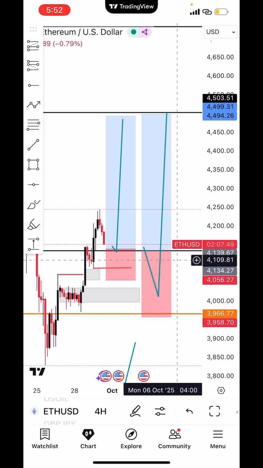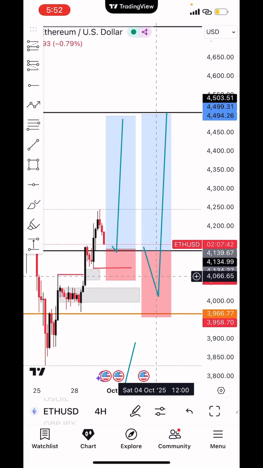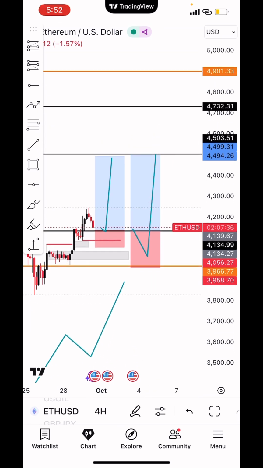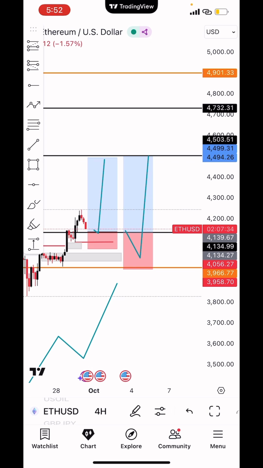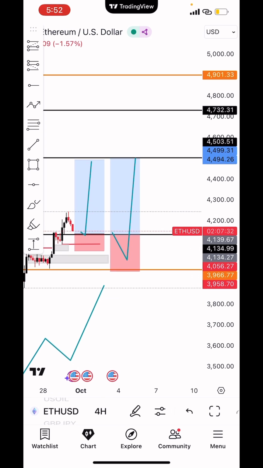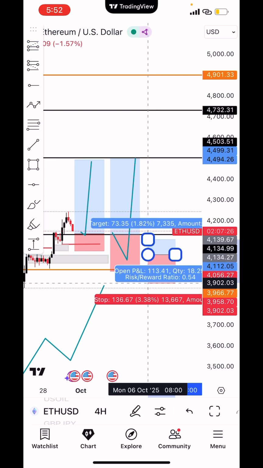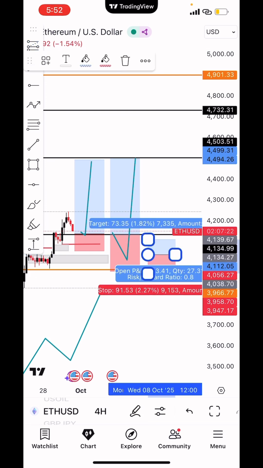If you enter from this 4 hours key zone, that is when you can be having 1:2 risk reward. But for those that might still see something that I'm not seeing, because I'm not perfect, they might wait here and set their stop loss somewhere around here.